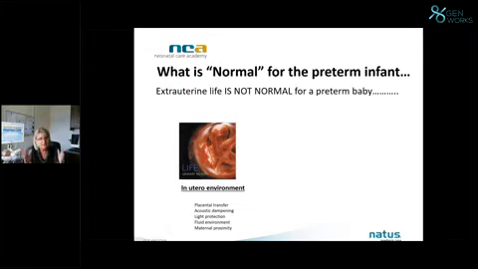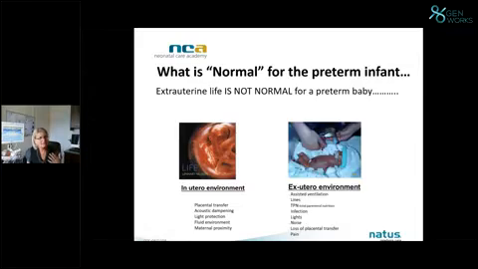So when we think about the preterm baby, what they are exposed to ex utero is really abnormal, because now they're having assisted ventilation, they've got lines in, we have to give them nutrients, they're at risk of infection, and they're really exposed to all the light and the noise and the pain and the whole stressful experience of the NICU, and we separate them from their mothers.